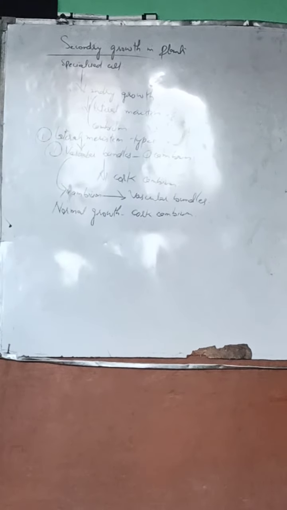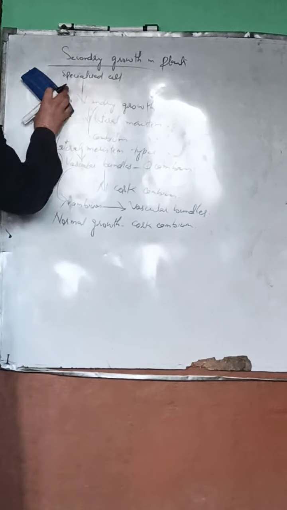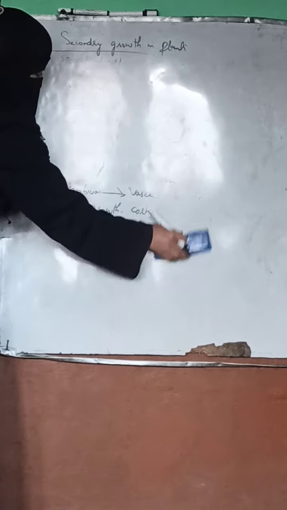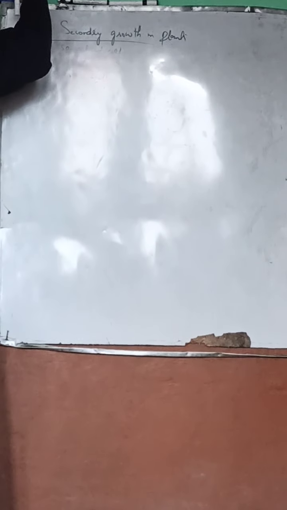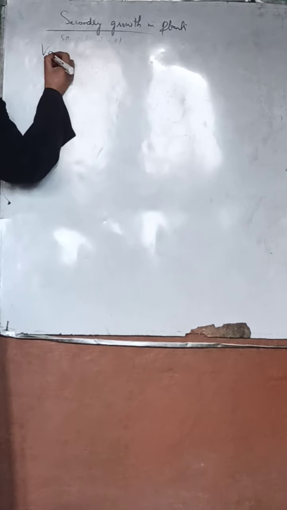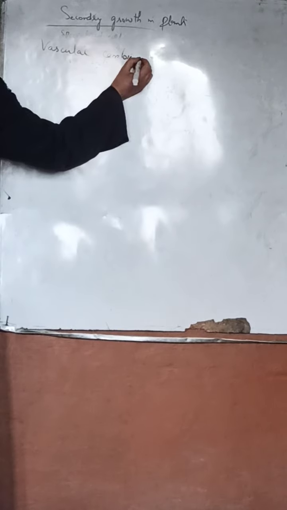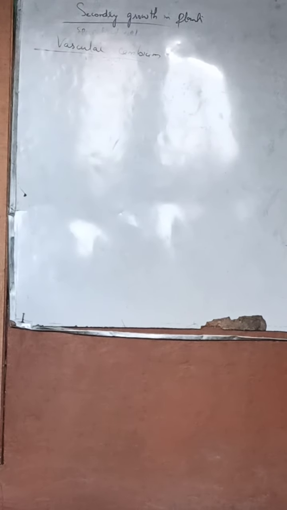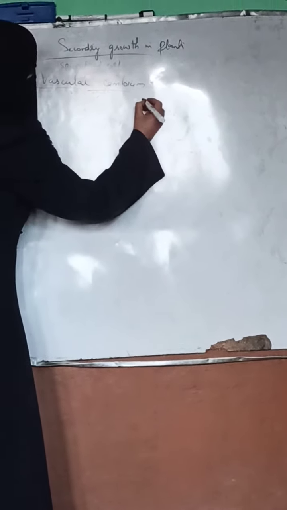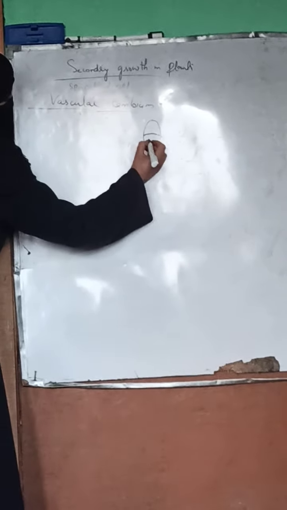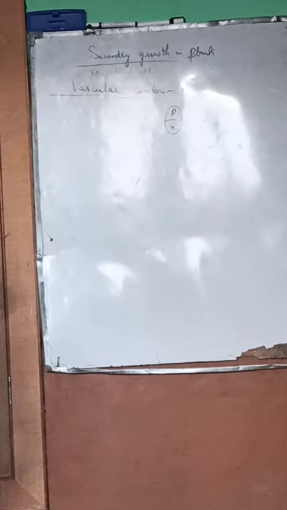At first, we will talk about vascular cambium. First of all, we will see what is vascular cambium. In case of stem, for example, this is a vascular bundle, and this is xylem and this is phloem.